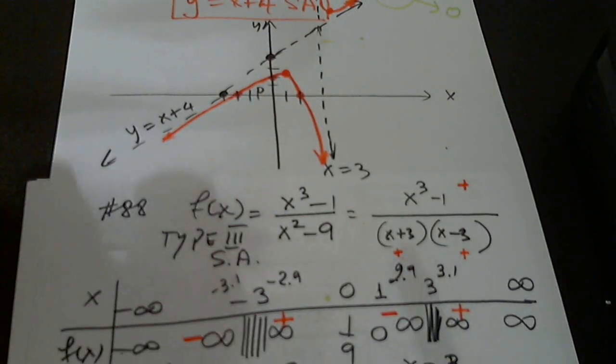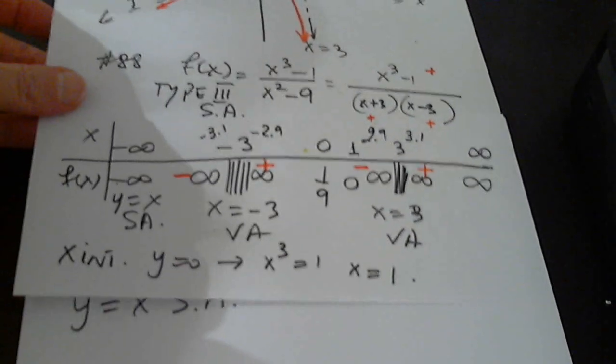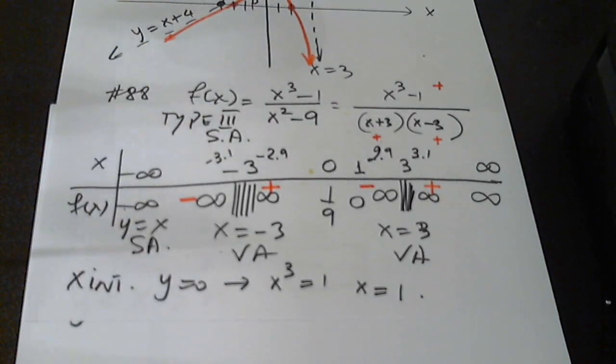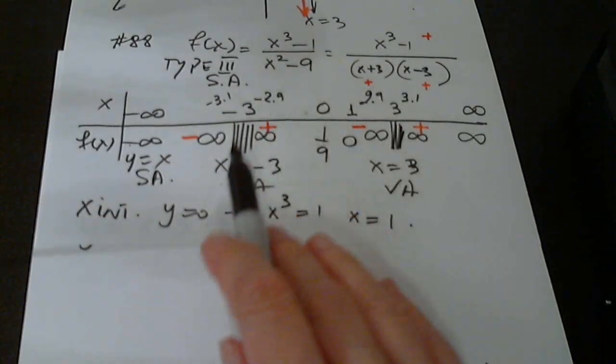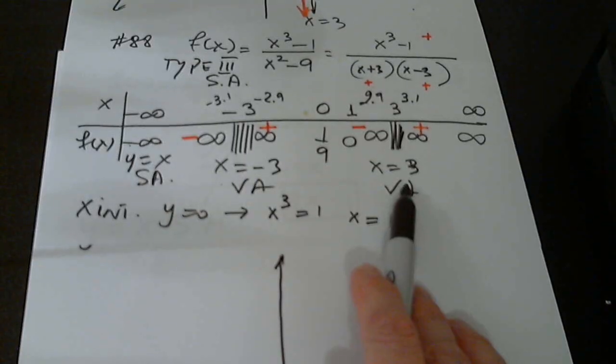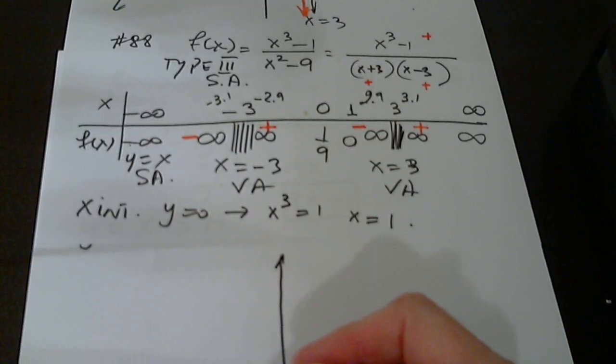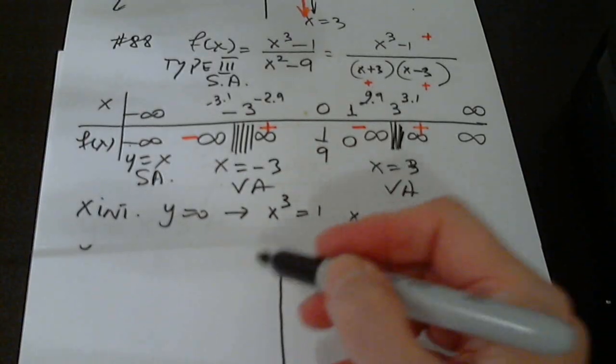Again, it's a lot. I'm making it easy, but it's a lot. Okay. When we graph functions with asymptotes, we graph the asymptotes first. The function has 1, 2, 3 asymptotes.